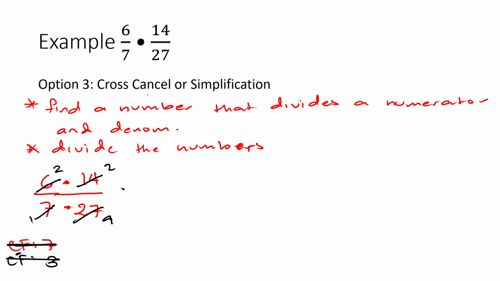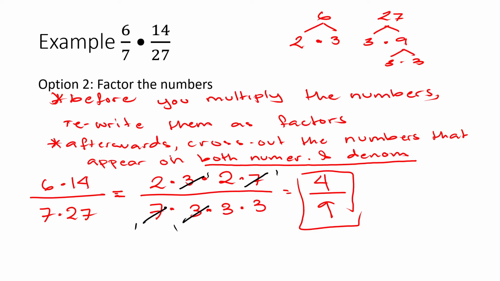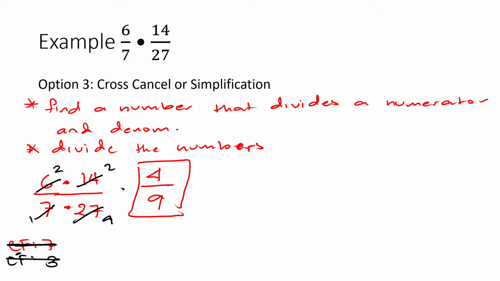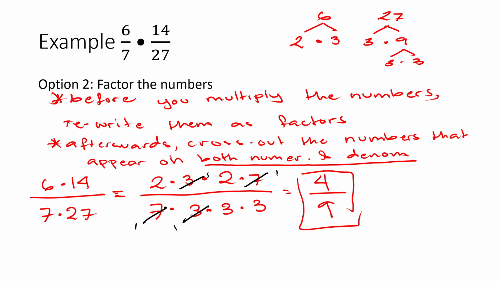Once you reach this point, what you should do is simply multiply across. 2 times 2 is 4. 1 times 9 is 9. So your final answer is 4 over 9. And as you can see, option 2 and option 3 give you the same answer. And here's why I like either option 2 or option 3.